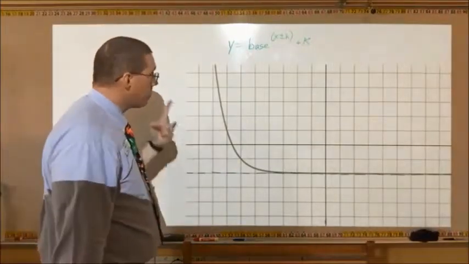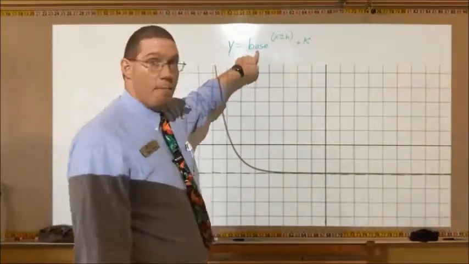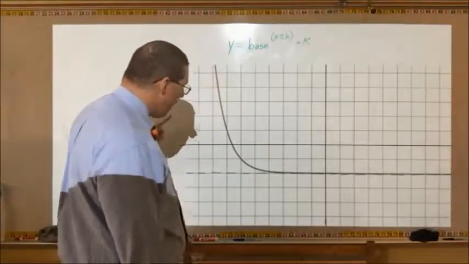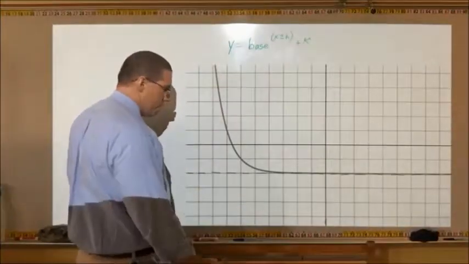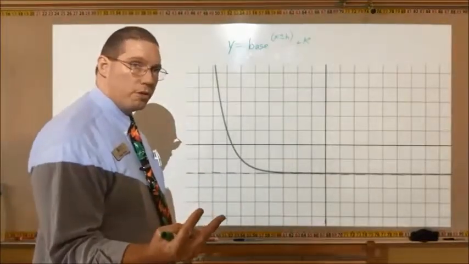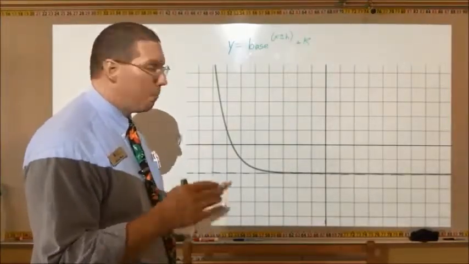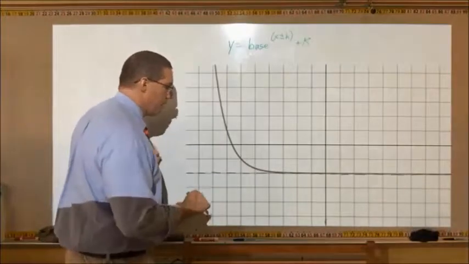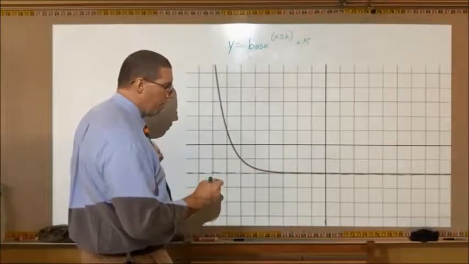So the first thing we want to find is the base. The way you find the base goes like this. There are two points that are important. Only two points really that are important on an exponential or logarithmic function.